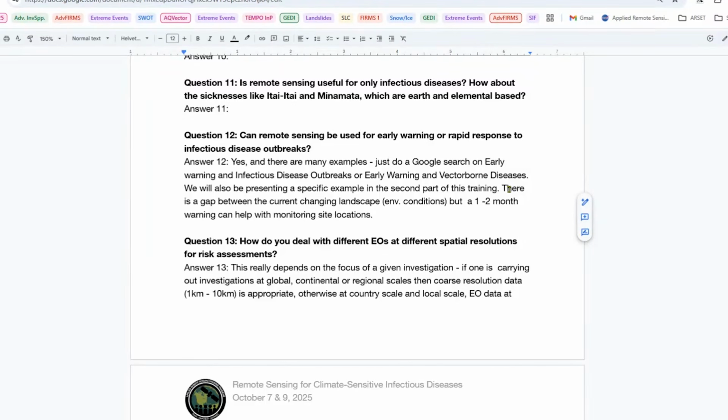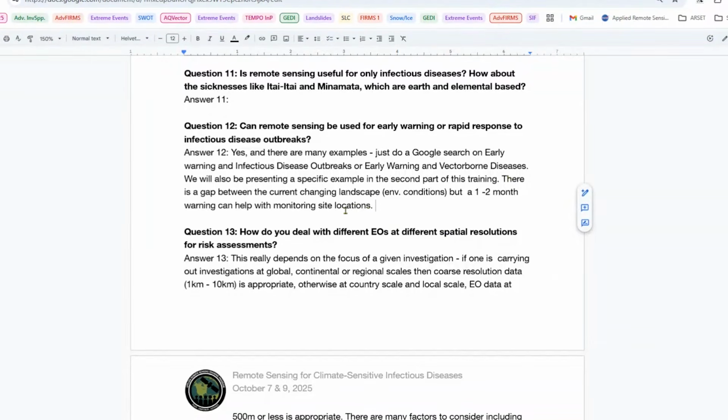And one thing I have to mention is the system that I developed and the one that Dr. Wimberly is going to speak about tomorrow were funded under the Earth to Action program at NASA, which is specifically designed to support conversion of research to operations.